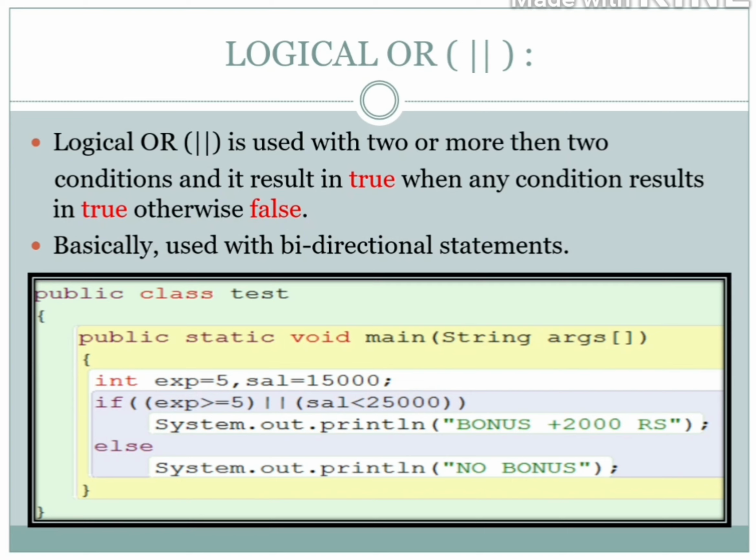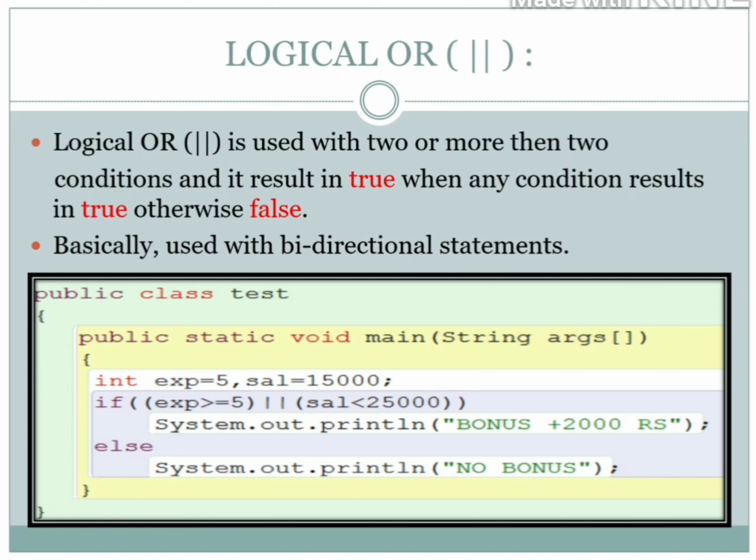The same way, both conditions work. If a person has experience of 10 years but salary is 50,000, any one condition is satisfied, so that person gets a bonus of 2,000 rupees.